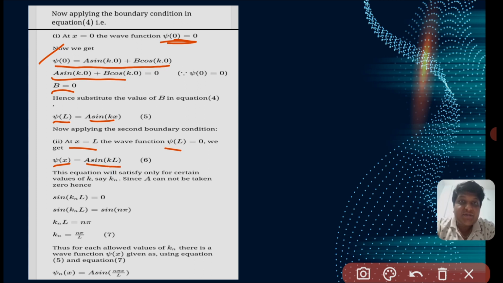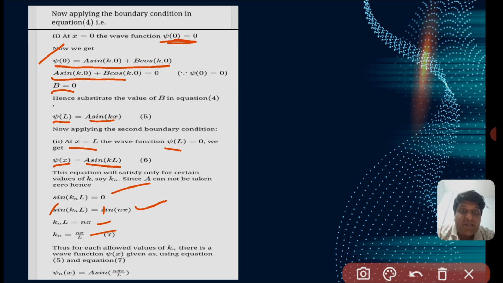This equation will be satisfied only for certain values of k, say kn. Since A cannot be taken as 0, hence sin(knL) is equal to 0. Sin(knL) is equal to sin(nπ). Sin gets cancelled. We get knL is equal to nπ. Sending L below, we get the equation kn is equal to nπ/L.